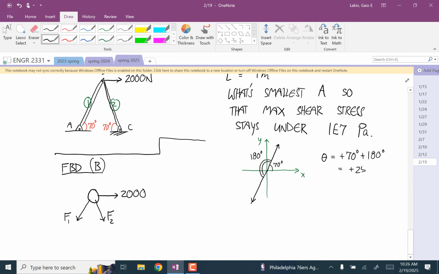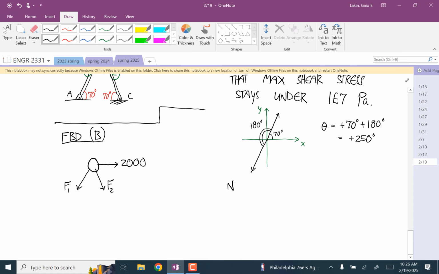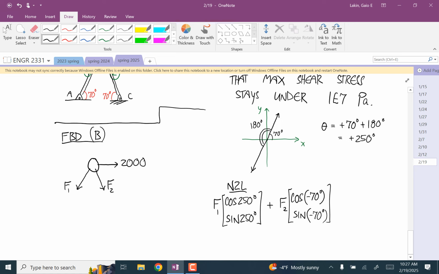So I'm going to use positive 250 as my angle. So Newton's second law says F1 times cosine of 250, sine of 250, plus F2, and this is just cosine and sine of negative 70, plus 2,000, 0 is equal to zeros.